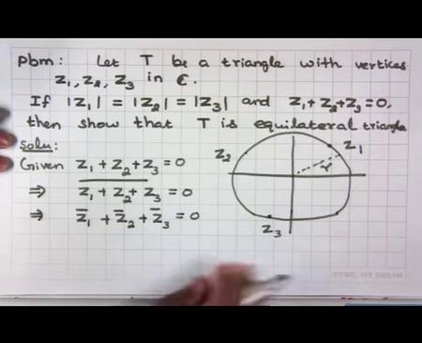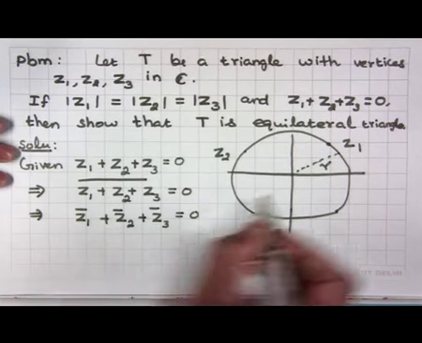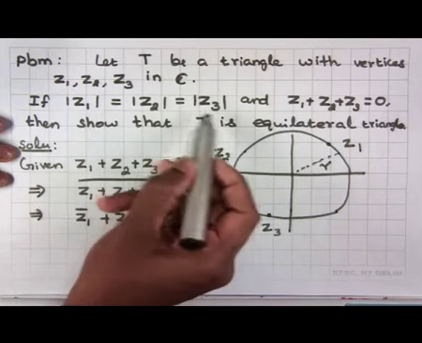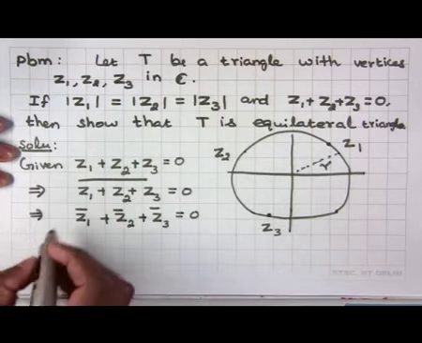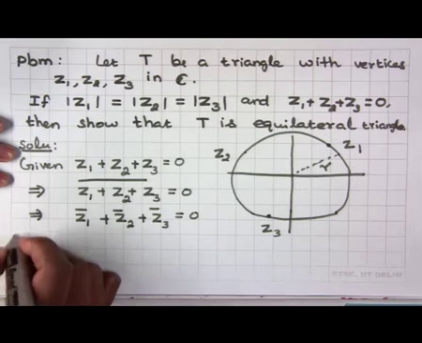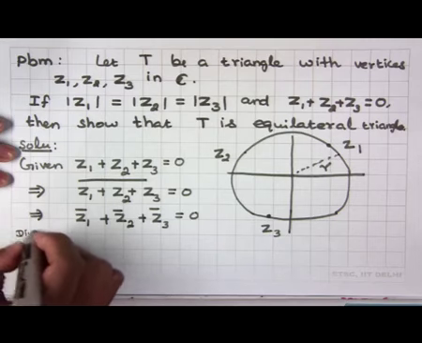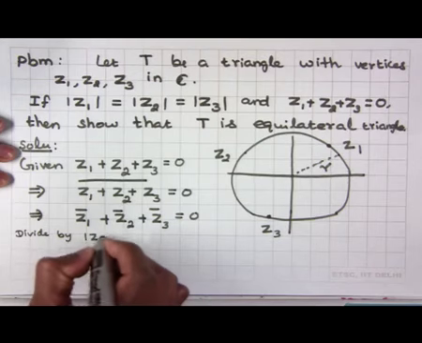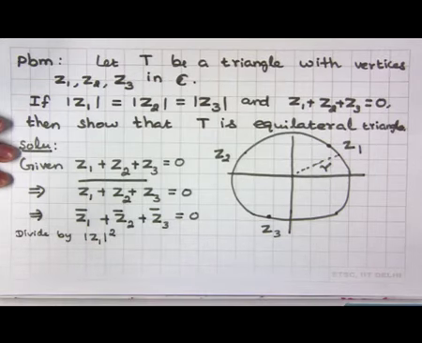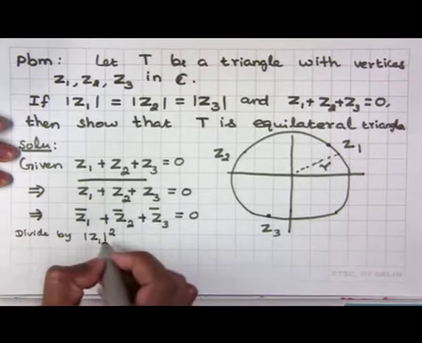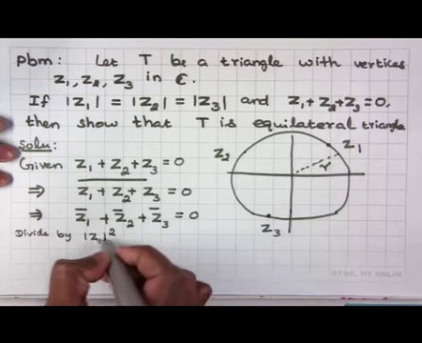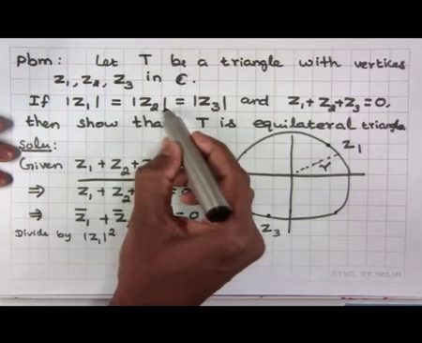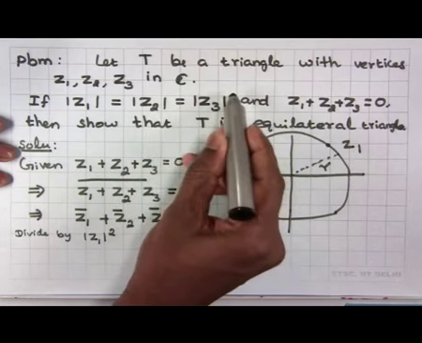Now, use the fact that their moduli are equal. So, we can divide by mod Z1 square, which is equal to mod Z2 square as well as mod Z3 square.